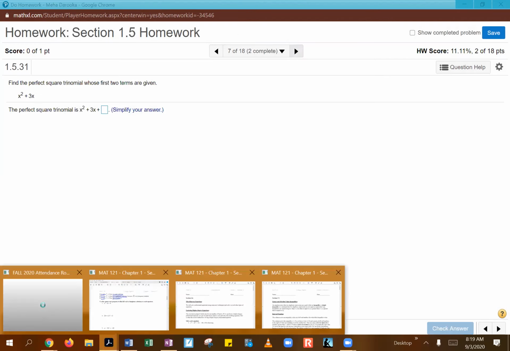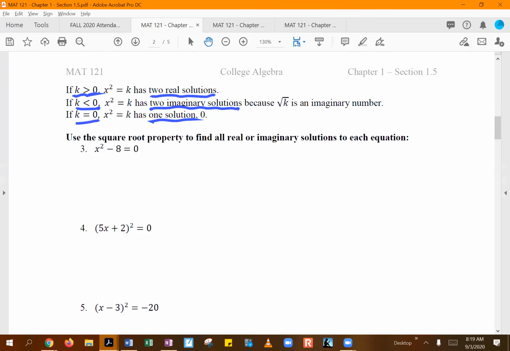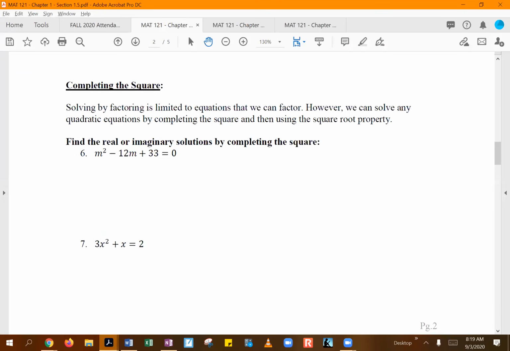Now, our next method was completing the square. We actually talked about completing the square if you saw the video lecture for section 1.3, when we were trying to find the equation for the circle. So that's the same process that's happening over here.